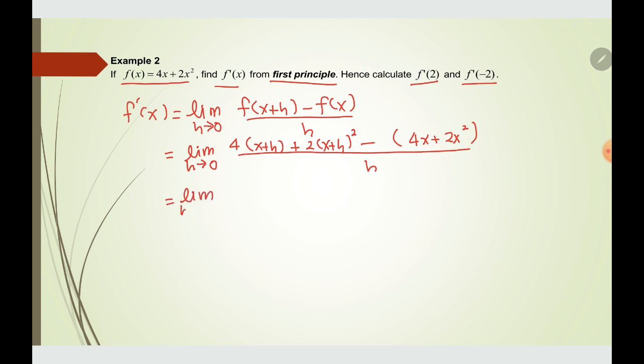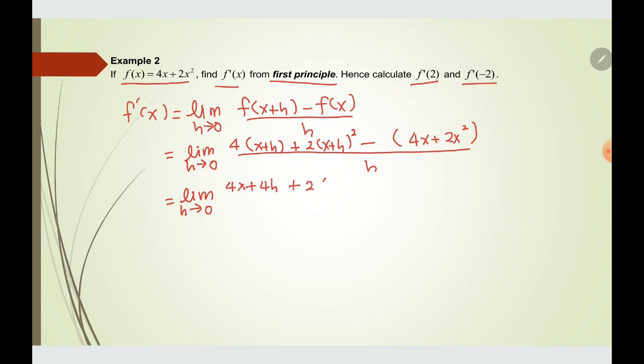So limit h approaches 0. The limit here, you have to write until the last substitution. If we don't substitute h equals 0 yet into the function, then you have to write limit h approaches 0. When we expand this, 4x plus 4h plus, here we need to expand (x plus h) squared first before we multiply with 2.